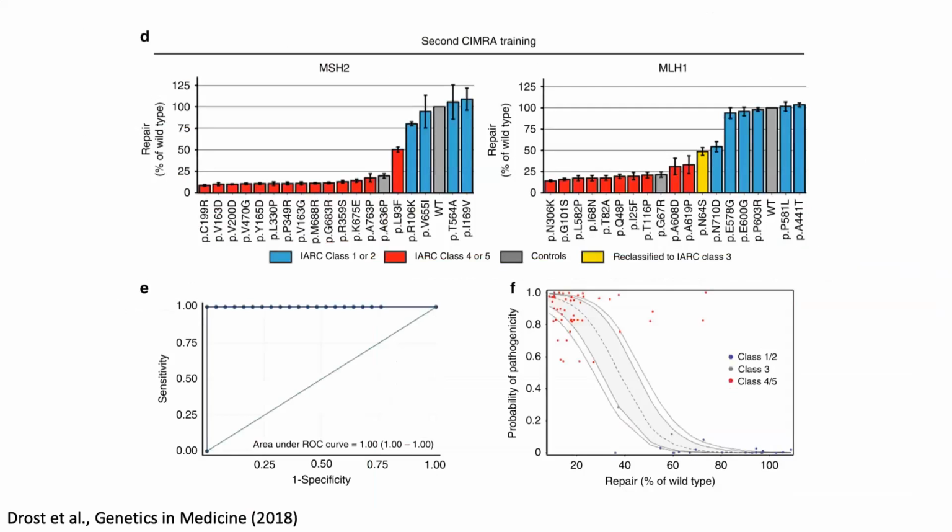Great, thanks. So this is an example of a paper where the group was able to use receiver operator characteristics to determine the sensitivity and specificity of their assay and equate the numerical assay outcome, which was the percent of wild type repair, with the probability of pathogenicity, and then they converted that to an odds of pathogenicity. So each individual point was then able to have its own odds of pathogenicity.